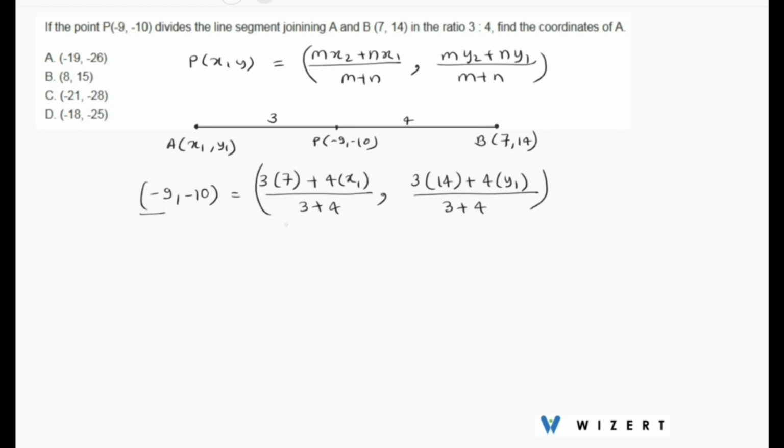By equating x coordinate to x coordinate and y coordinate to y coordinate, we'll get the required answer. So let's start with the x coordinate.